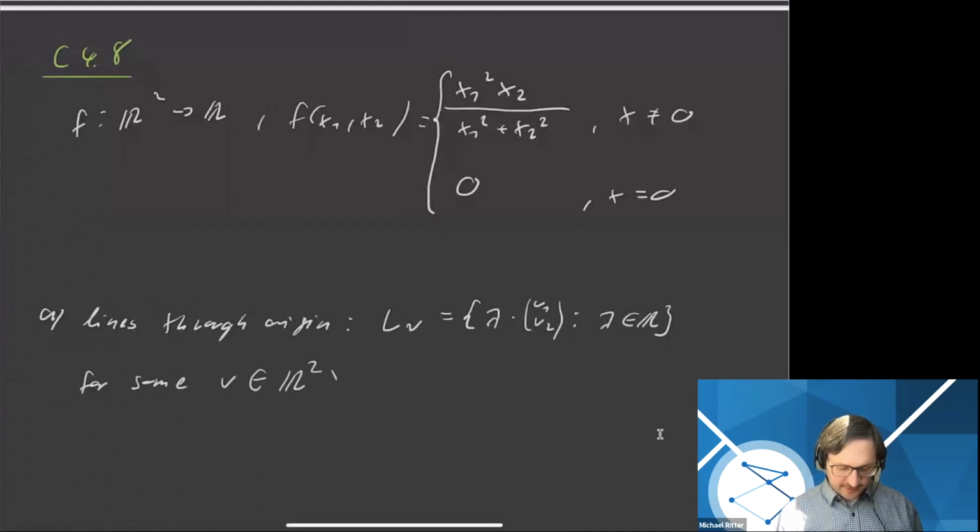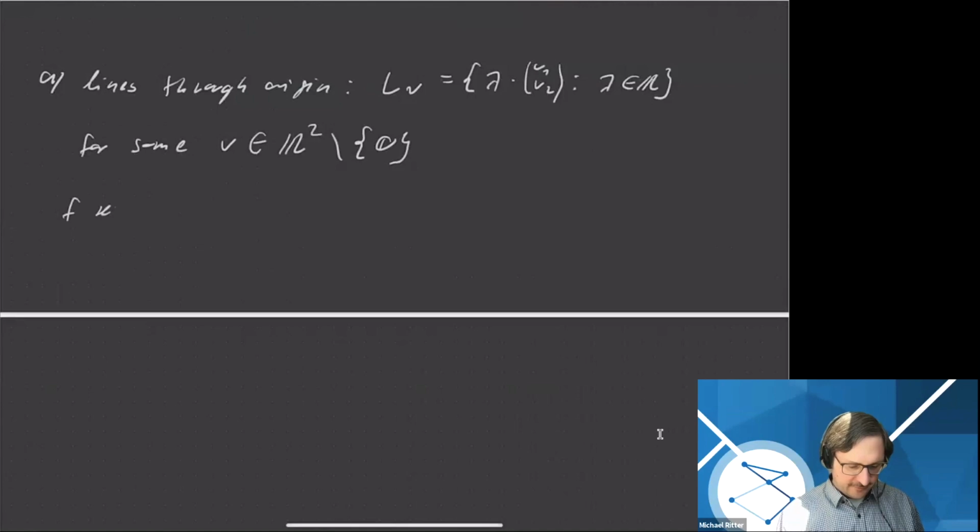That's a vector in R², that is not the zero vector. The zero vector is not a very suitable direction, so anything else is a direction. And that means this set L_v for varying v covers all possible lines through the origin.